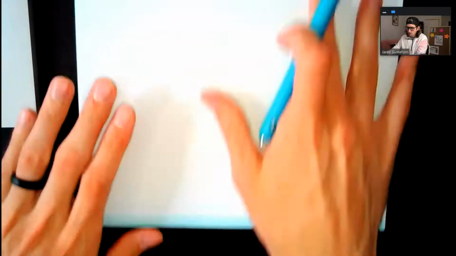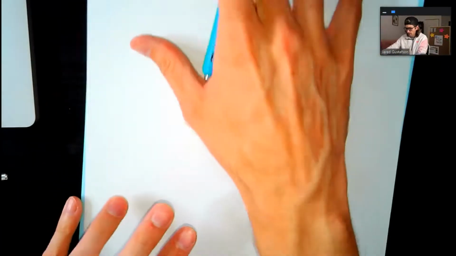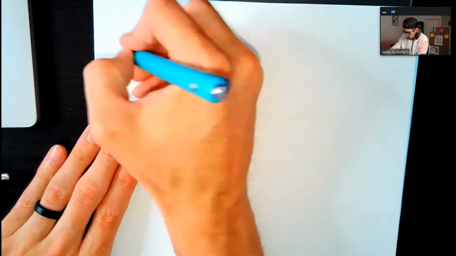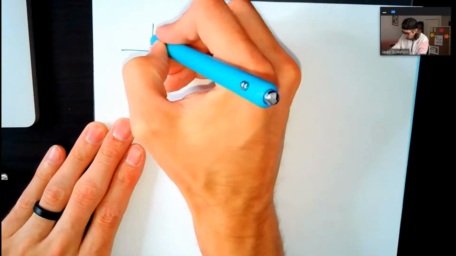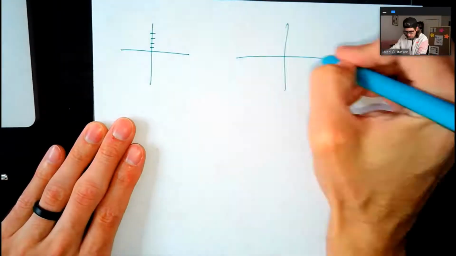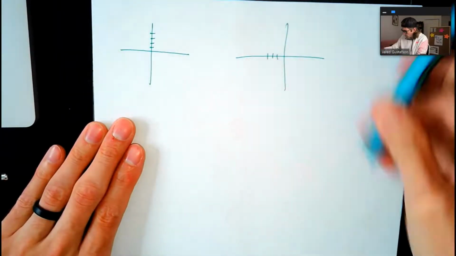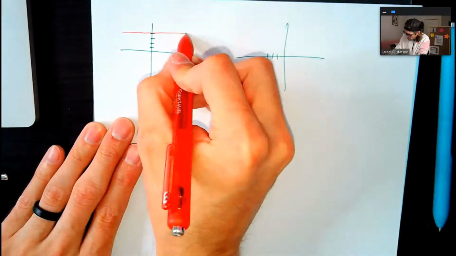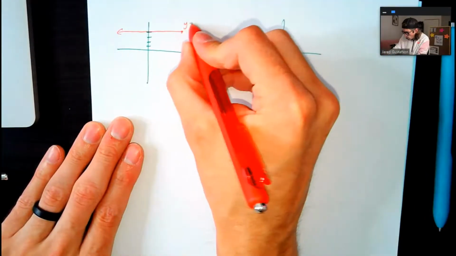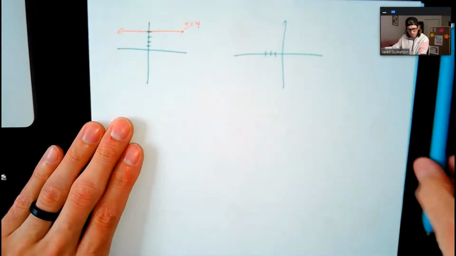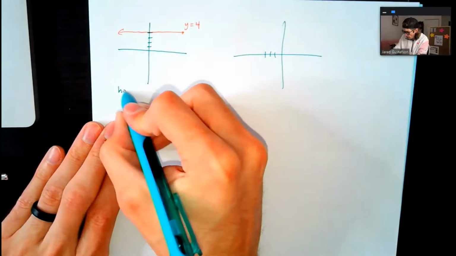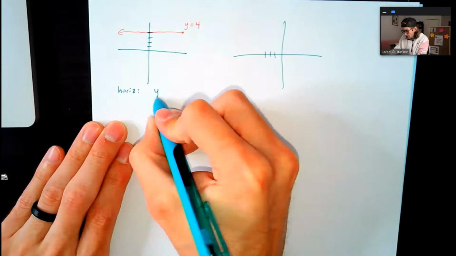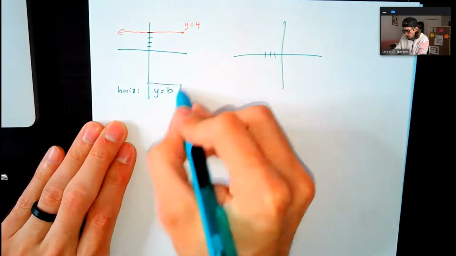Let's go back to horizontal and vertical lines really quick. When writing their equations, let's say we have this graph, 1, 2, 3, 4, and then let's do a vertical line where we have something over there. If you have a line that goes like this, its equation is y equals 4. So a horizontal line will always have its equation y equal to some number.